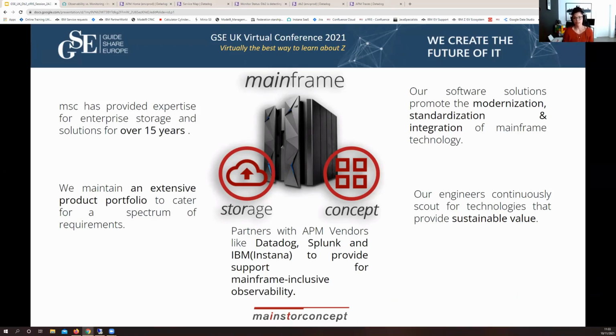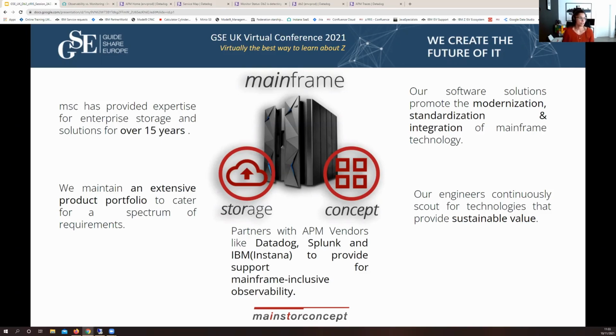A large majority of those in-house solutions are geared towards modernizing, standardizing, and integrating mainframe technology. And normally, our goal with those solutions is to increase the value of existing systems by enabling capabilities that help organizations meet their long-term mainframe strategies.